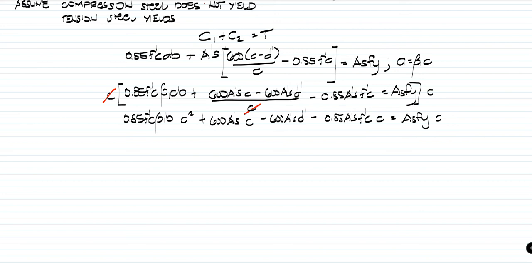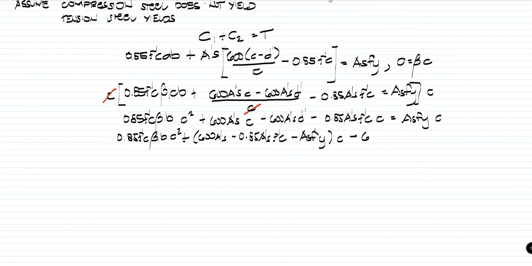So we have 0.85 F prime C beta 1 B C squared. Then combine the terms with variable C: 600 A prime S, minus 0.85 A prime S F prime C, minus AS Fy, that is C. Minus the 600 A prime S D prime, that is equal to 0.